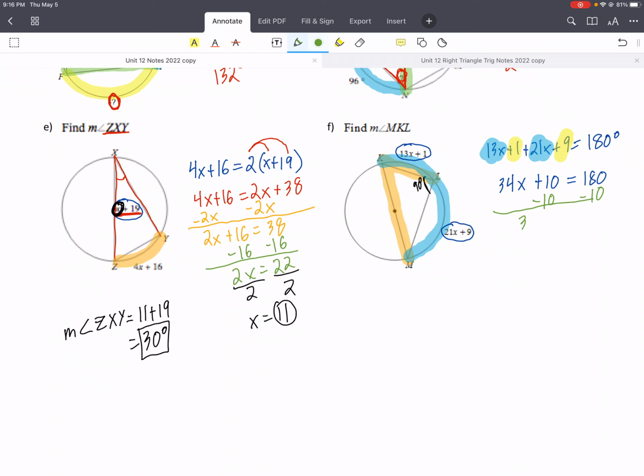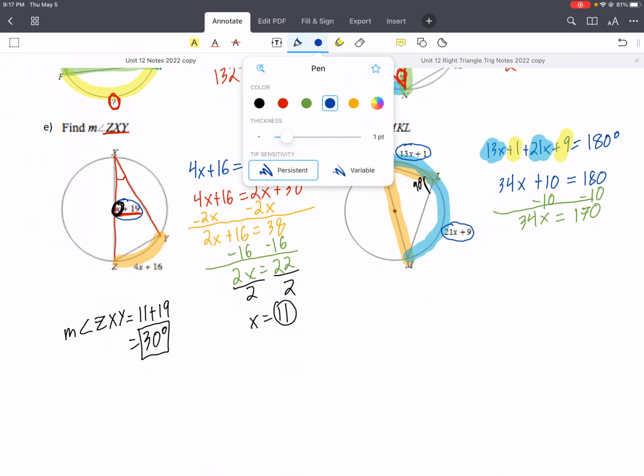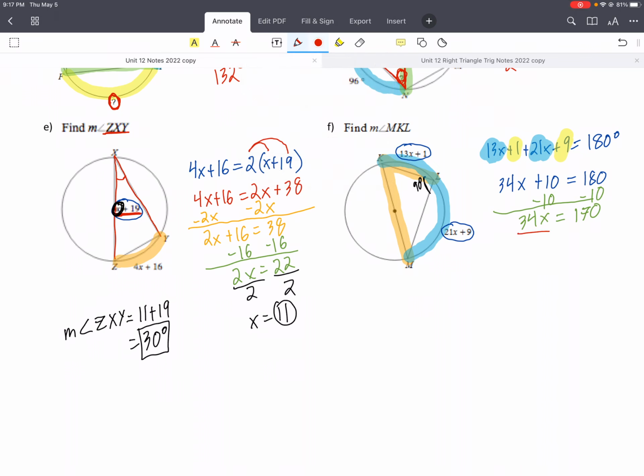And we get 34x is equal to 170. And so now to get x by itself, we can divide by 34, and that gives us x is equal to 5.